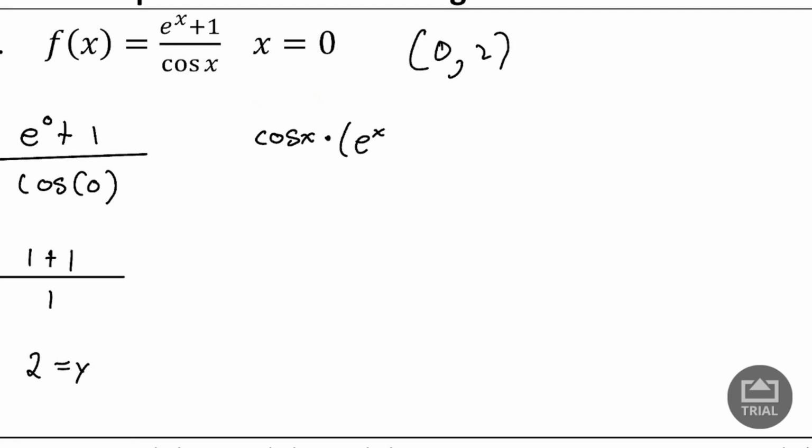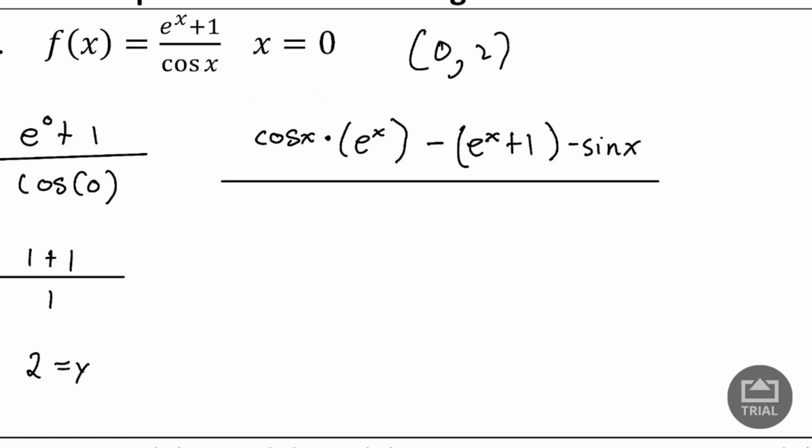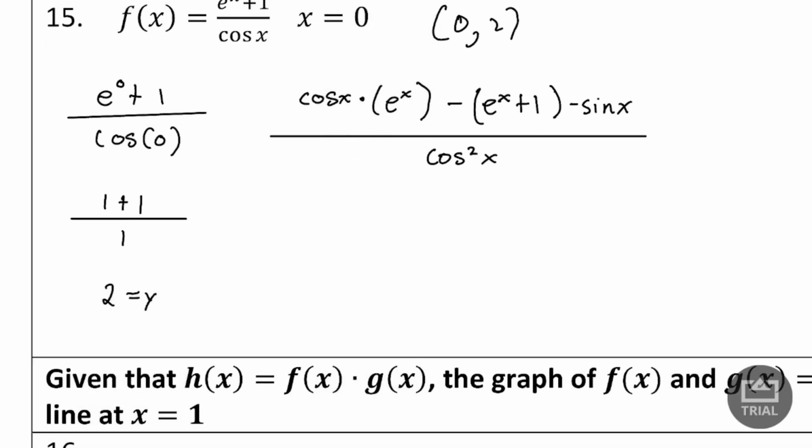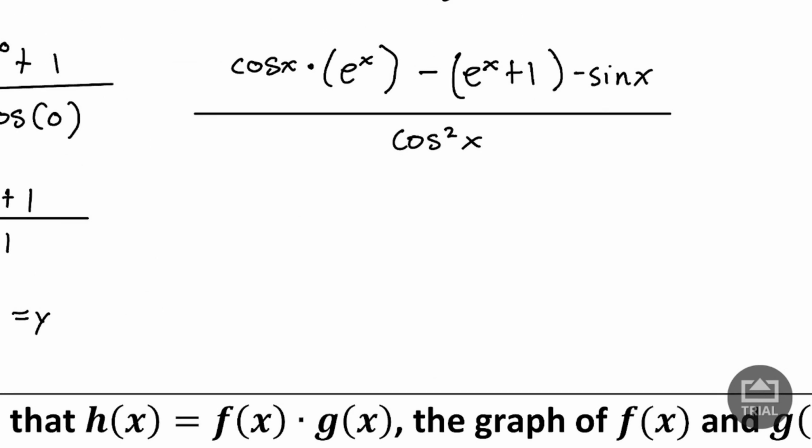And then it's going to be minus high d low, so it's going to be e to the x plus 1 in parentheses, and the derivative of cosine x is negative sine x, over cosine x squared.